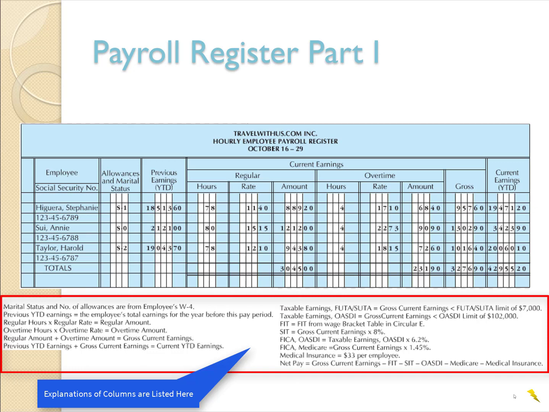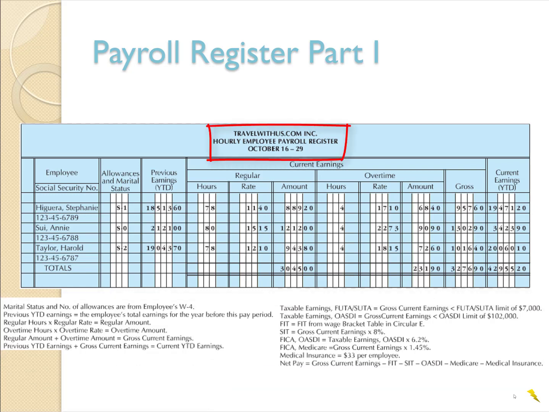So this is the first screenshot of what a payroll register looks like. Notice at the top it tells us what the company is. It's called travelwithus.com. And then underneath that is the three-line heading, which is the title of whatever it is we're looking at. In this case, it's the payroll register.